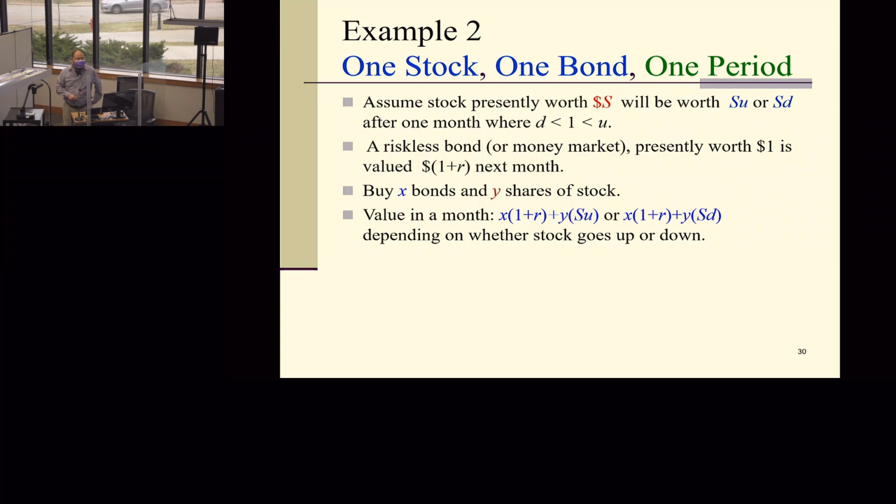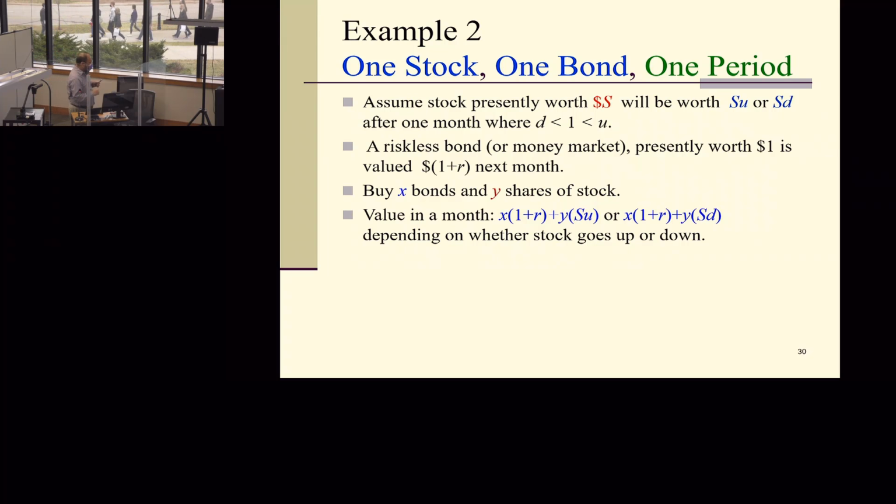Interest, correct? If I have cash in that account, we're going to have an interest yield with principal. Y share of stock, just Y shares times SU or times SD, depending on the stock price after a period. Everybody okay with me? Just a symbolic algebra manner to represent this.